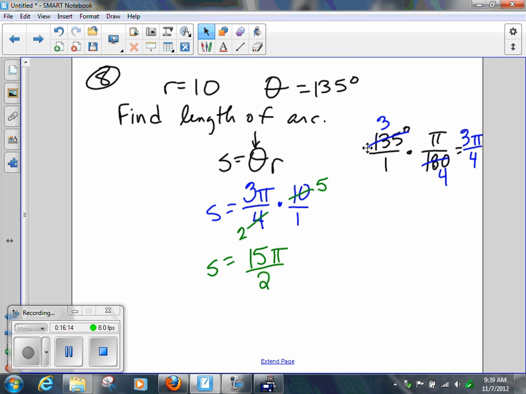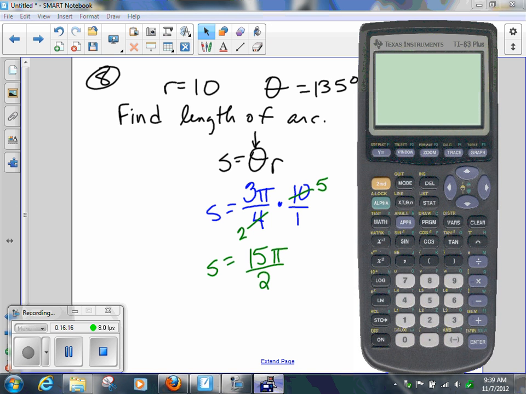Put it in the calculator. I would put this in parentheses. 15 pi divided by 2. 23.6, okay?